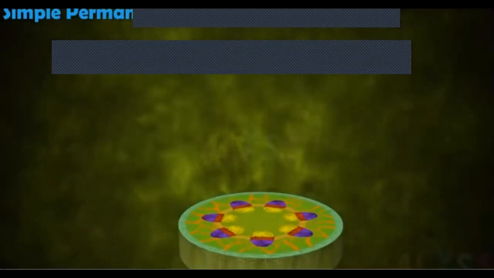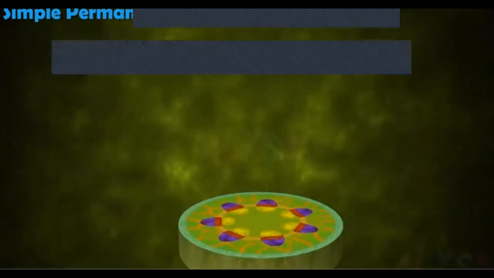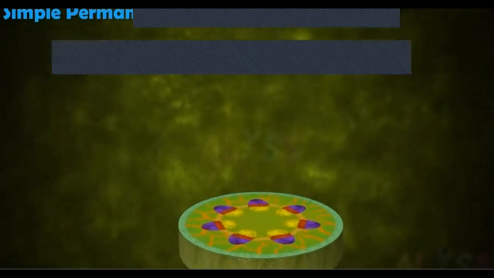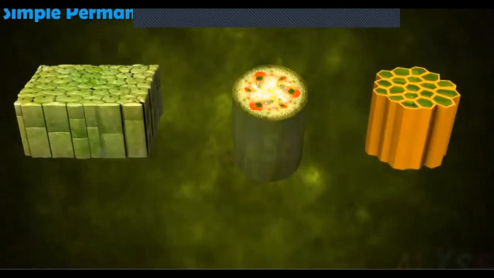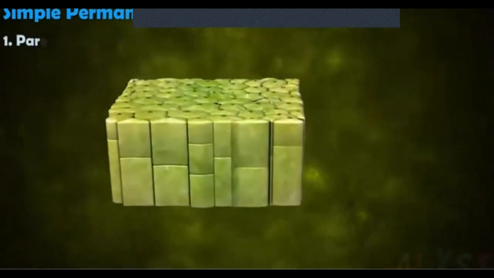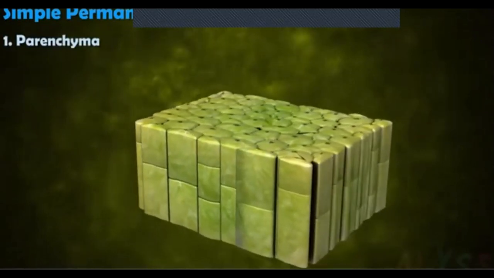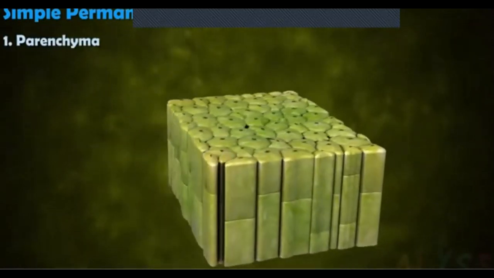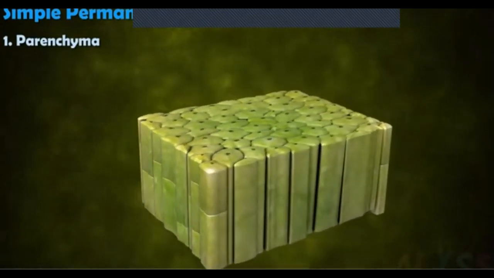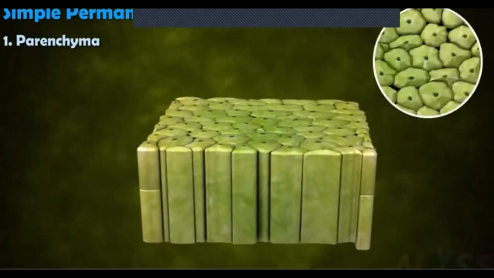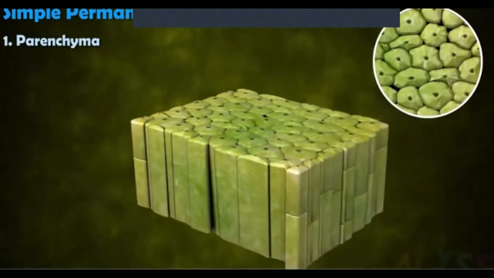Now, on the basis of adaptation in cell structure and their function, simple permanent tissues are further divided into three types. Number 1, Parenchyma, which again has three subclasses. Parenchyma has oval cells with dense cytoplasm. They may or may not be loosely packed.